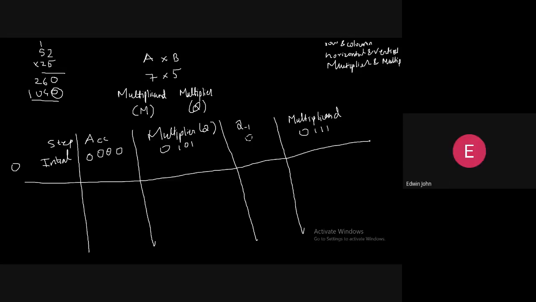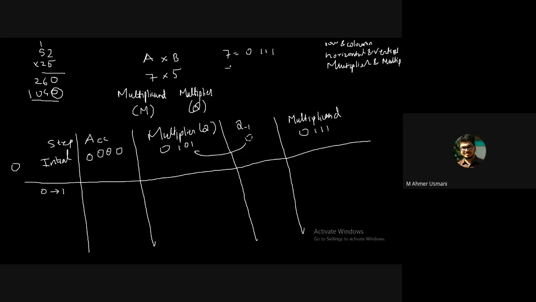Yes, sir. So what we need to do first is check the transition. Where is the transition happening? It is happening from 0 to 1. First, we write down the binary representation of 7. 7 can be written as 0111.